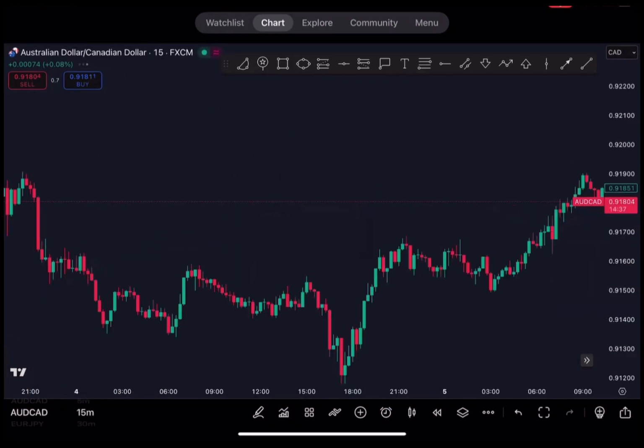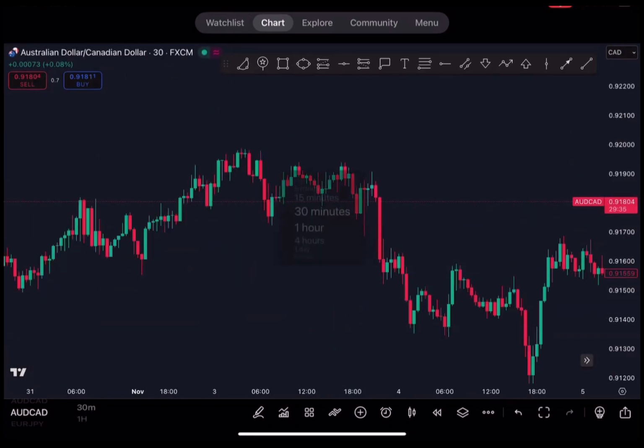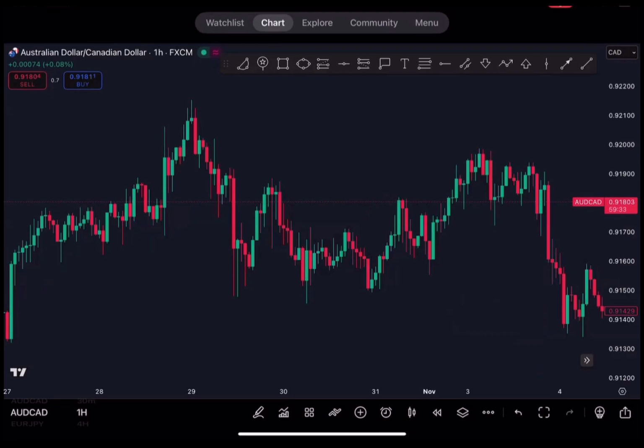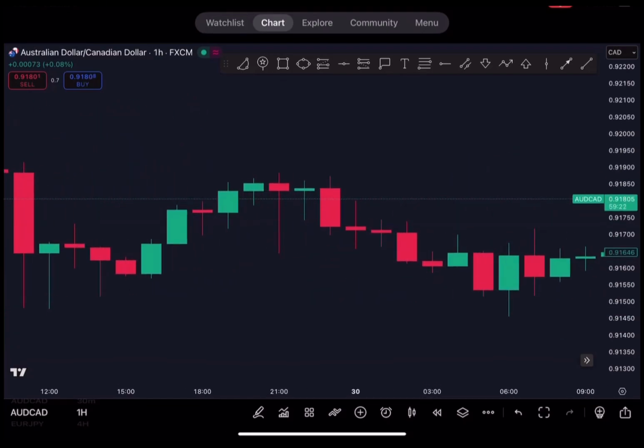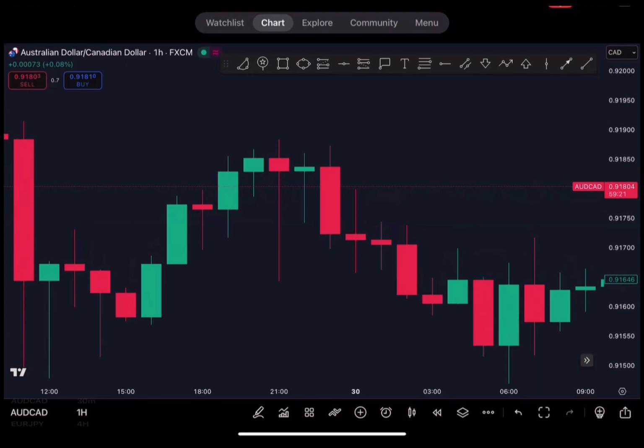Now, what does this mean? Well, what it means is I can set my chart to let me know how I want to break down the view of movement. Let me explain. What you guys are looking at with these Japanese candlesticks is different candlesticks that represent different blocks of time.